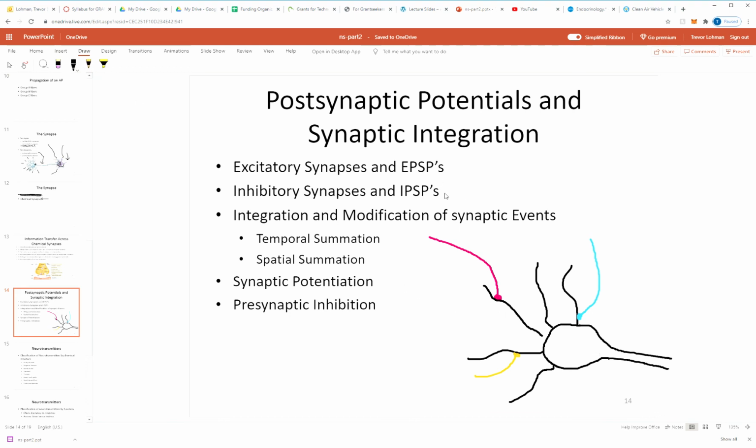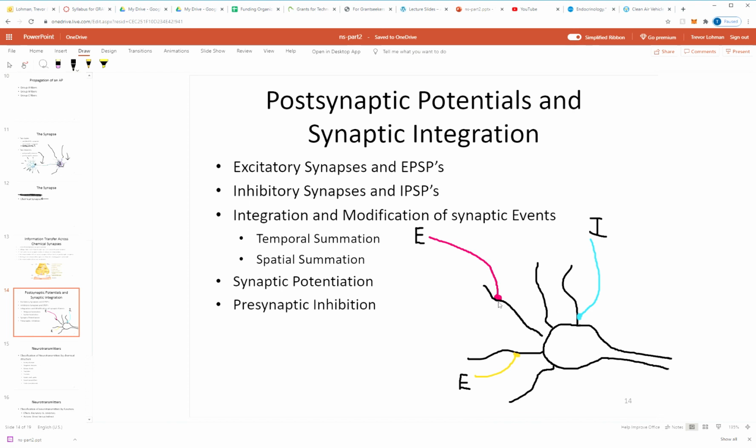An excitatory synapse is going to cause this patch of membrane to become more positive. So let's say this is an excitatory neuron, and then this is an inhibitory, and this is excitatory. Inhibitory neurons cause hyperpolarization. They cause the membrane potential to become more negative, making an action potential less likely to form.